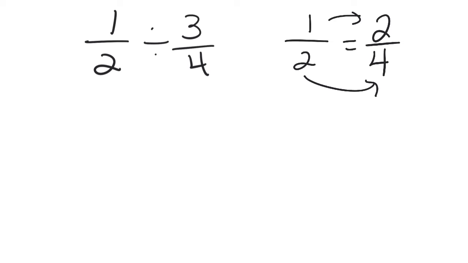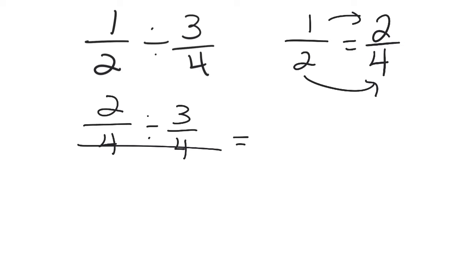So now we have 2/4 divided by 3/4. Okay, and the 4 divided by 4 just becomes 1. Well, then we have 2 divided by 3. Well, we know 3 does not go into 2, so that just leaves you the fraction of 2/3, which is also 2 divided by 3 because we can't divide 2 by 3.